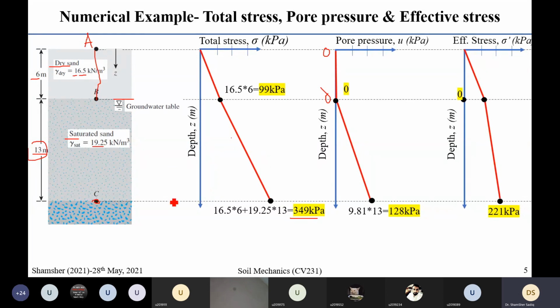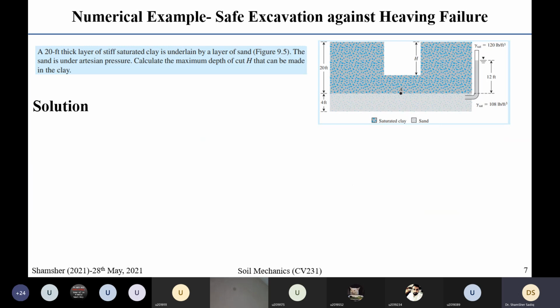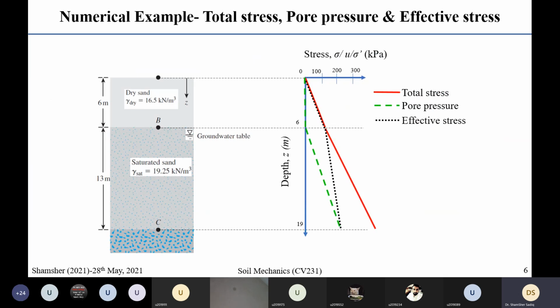So this will be the profile of the effective stress. Now you can plot all of these values on a single plot to show the stress distribution.